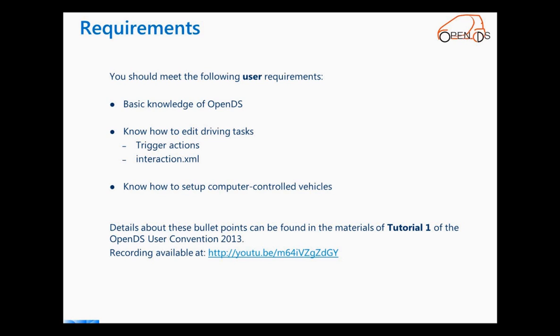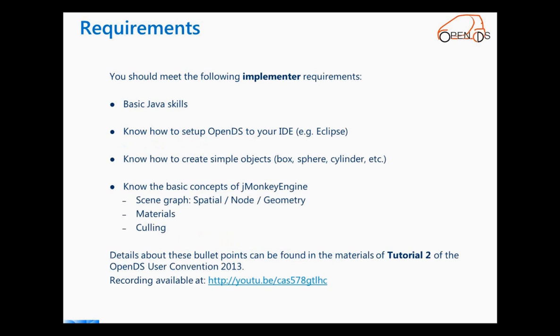So these are the user requirements. However, as we are working on the source code in this webinar, you would have to meet further implementation requirements. You should have at least basic Java skills. You should know how to set up OpenDS in your IDE. In my example, I will do it in Eclipse. You should know how to create simple objects.